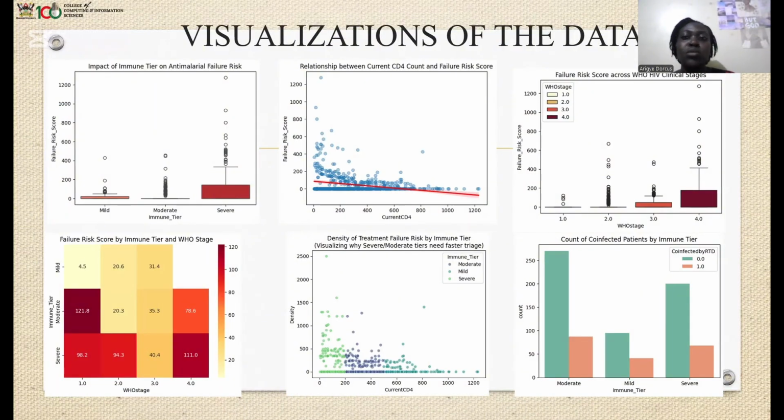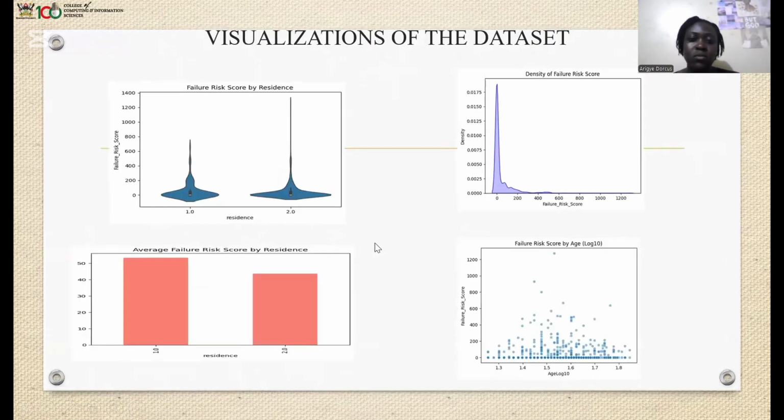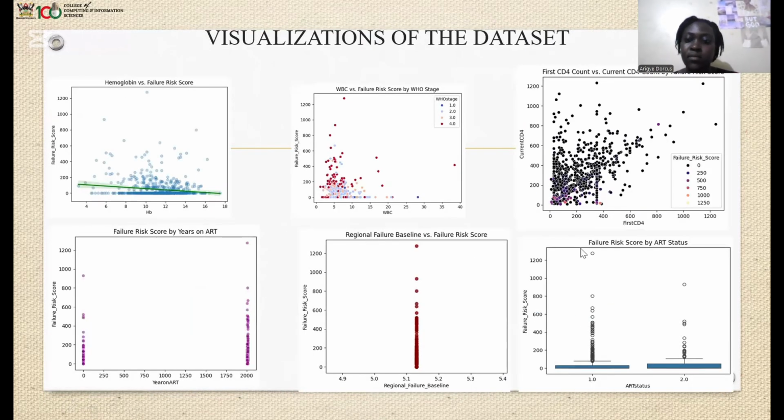We also found that patients with severe immune suppression have higher median failure risk scores. The advanced HIV stages and low CD4 counts are associated with increased failure risks. The regional drug resistance, to sulfadoxine and piperaquine, correlates with higher baseline failure rates, and we can see that here.